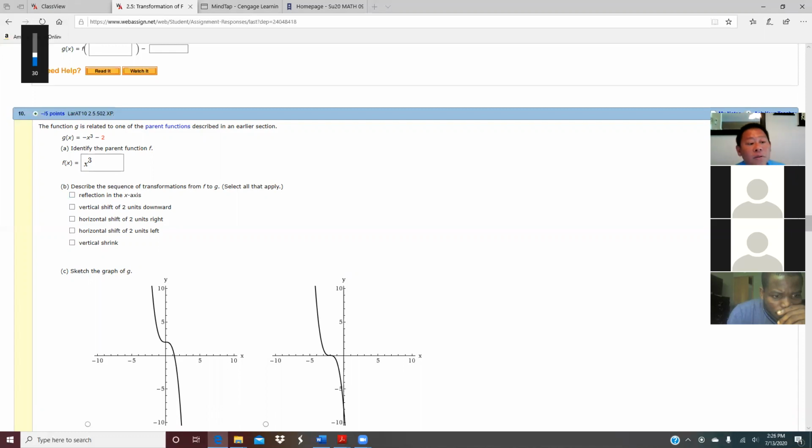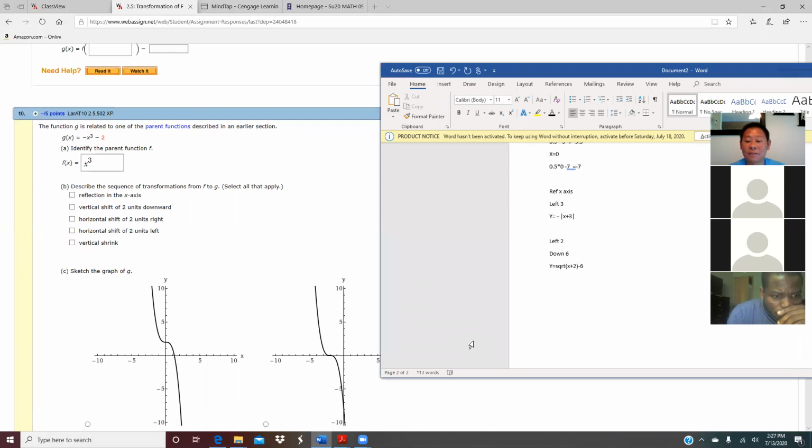2 units, not to the right. That's wrong. Why is 2 units to the right wrong? Left is wrong. Left and right is wrong here. You don't move left and right here. Why don't you move left and right? It is because this -2 is outside the x cubed. If you want to move left and right, then it looks something like this: x plus 3 to the power of 3.